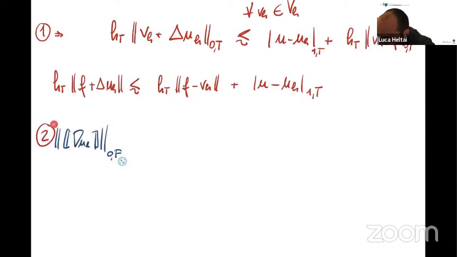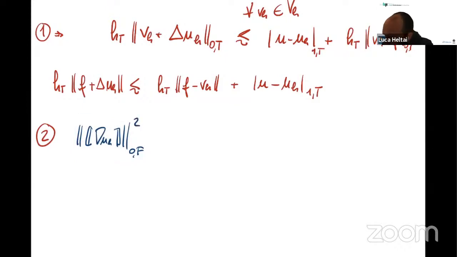So this part over here, I look at this as the square of this part. And now, what I want to say is that this is smaller or equal to the same thing that we did before, but instead of using bt, we use bf. So with the boundary face bubble of the jump of the gradients of uh.